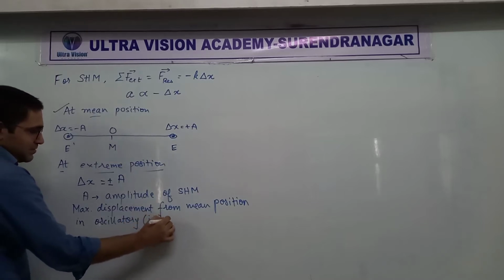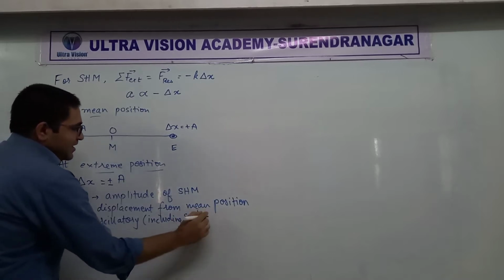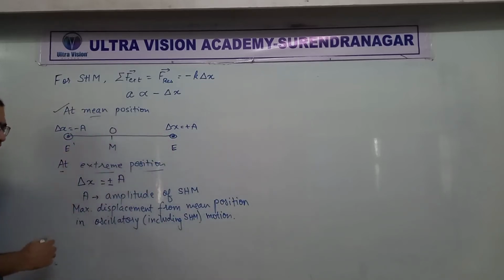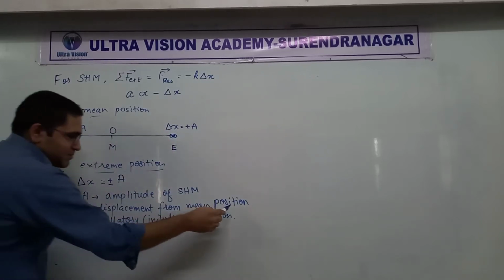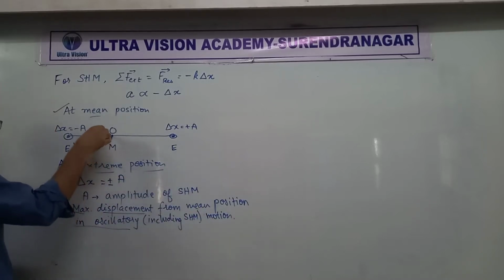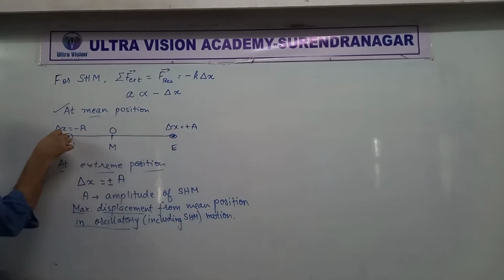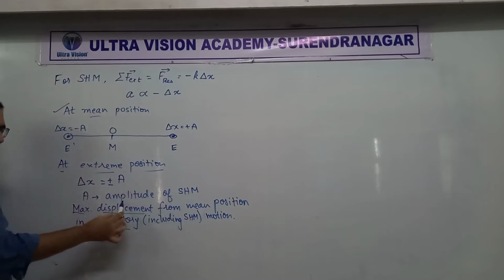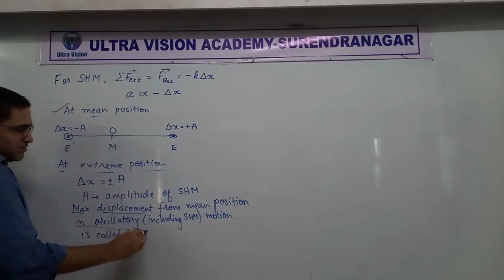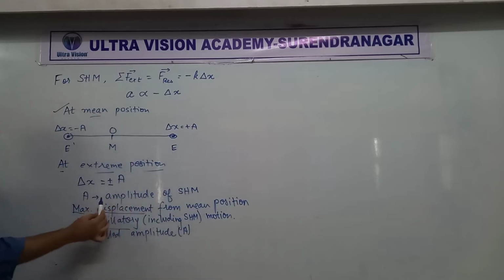Oscillatory means going back and forth. So if this is the mean position here, then the maximum displacement can be here or it can be here on the opposite side. That maximum displacement is called amplitude. Definition clear? The symbol of amplitude is capital A, like I have mentioned here.